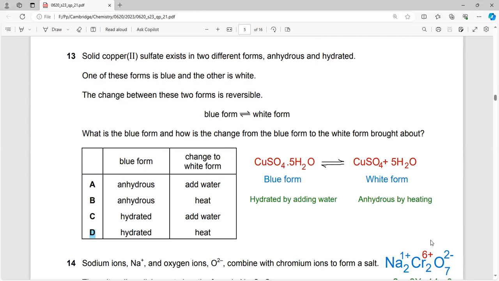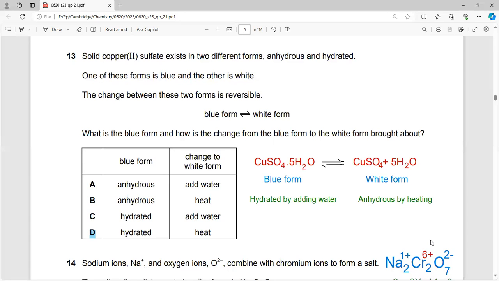Question number 13. Solid copper sulfate exists in 2 different forms, anhydrous and hydrated. One of these forms is blue in color, while the other is white. The change between these 2 forms is a reversible reaction, meaning the blue form can convert into the white form and the white form can convert into the blue form.